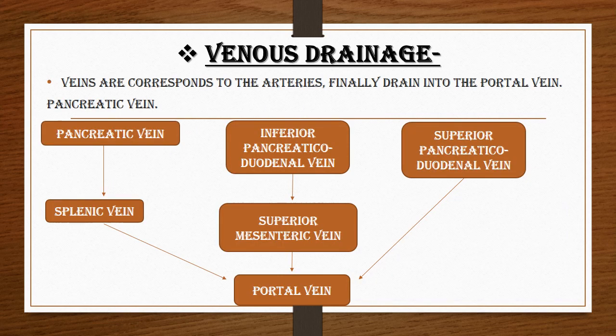Venous drainage of the pancreas: the veins run together with the arteries. The pancreatic veins drain into the splenic vein, and the inferior pancreatico-duodenal vein drains into the superior mesenteric vein, and the superior pancreatico-duodenal vein with the superior mesenteric vein and splenic vein all together drain into the portal vein.